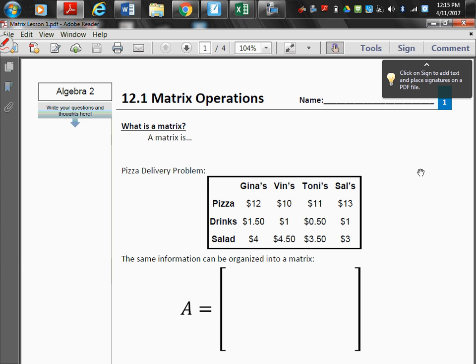Now, if I ask you what element is in 2, 3? 50 cents, because you go to the second row, 1, 2, the third column. So the element in 2, 3 would be 50 cents. The first thing we want to do is we have this table, and what a matrix allows us to do is quick calculations in table format. So I have this table and I want to make it into a matrix.